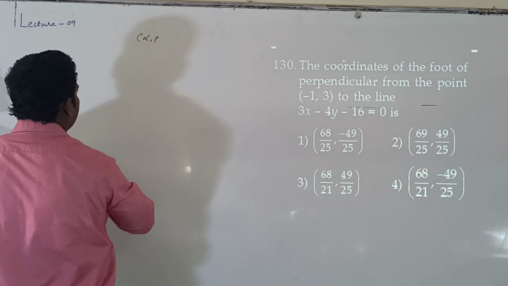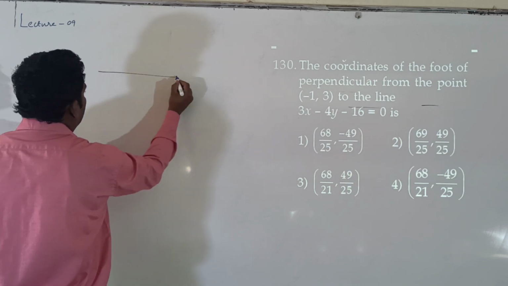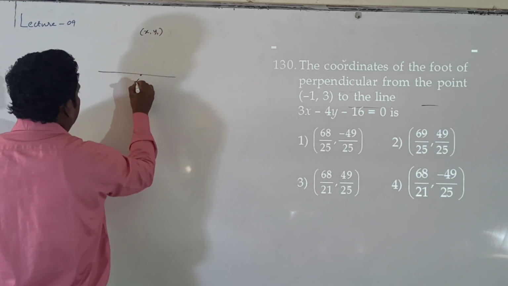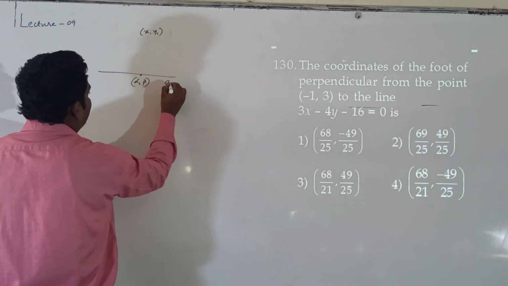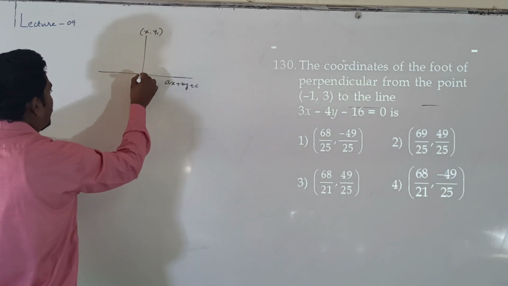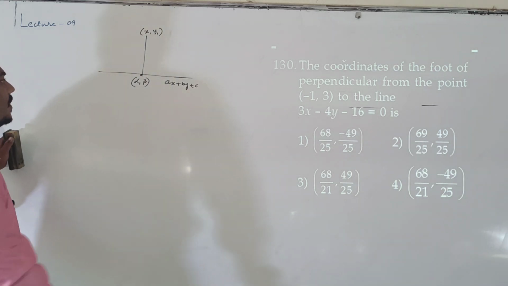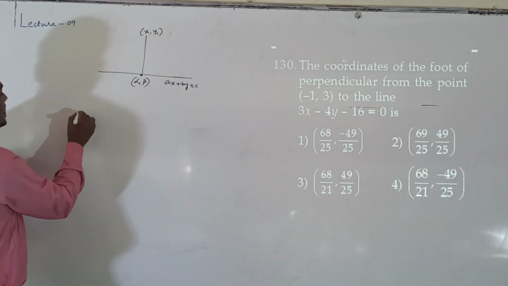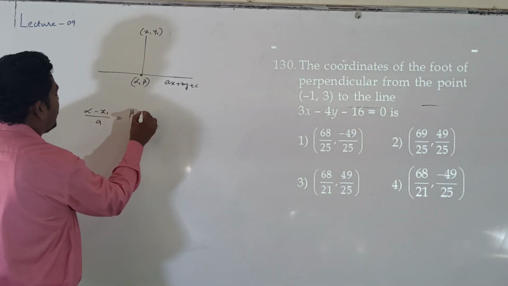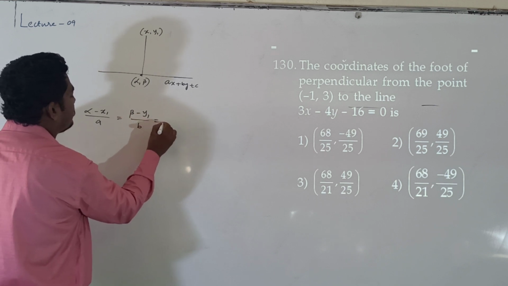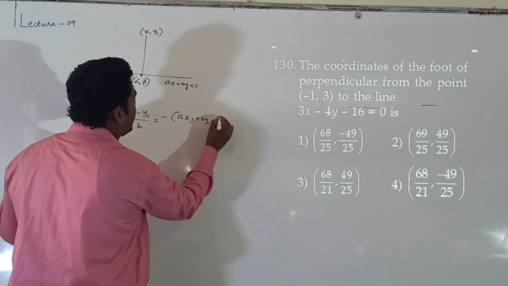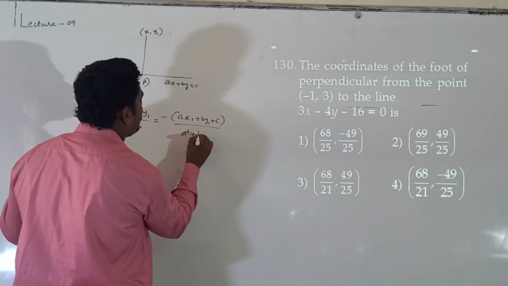Suppose alpha comma beta be the foot of the perpendicular drawn from the point x1 comma y1 to the line ax plus by plus c. Then the condition is alpha minus x1 divided by a is equal to beta minus y1 divided by b is equal to minus of ax1 plus by1 plus c divided by a square plus b square.